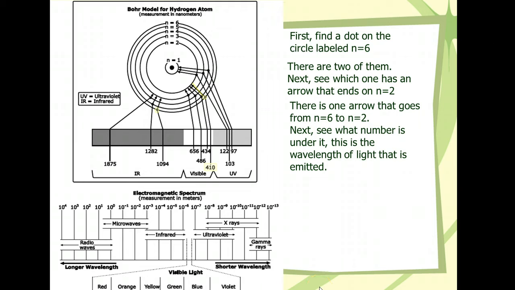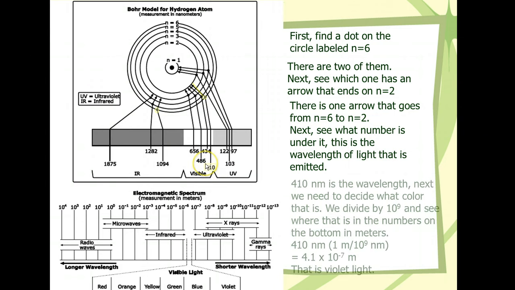That's the wavelength of light that's emitted. So the number that is touching that arrow is the wavelength of light that's emitted. The number that's touching this arrow is 410. Next, we need to see from that 410, what color is that? It's visible light. It says so right here that it's visible light. So to figure out exactly what color it is, we need to go back down here to our spectrum.